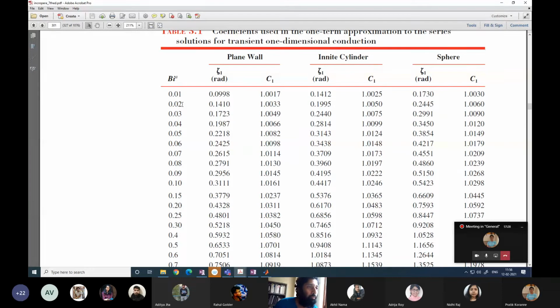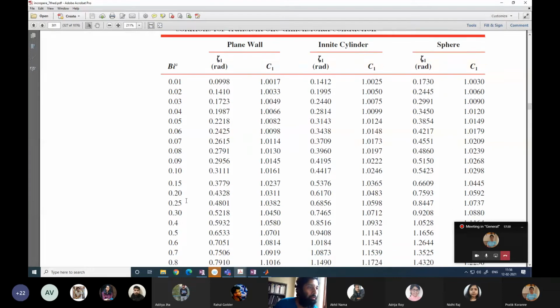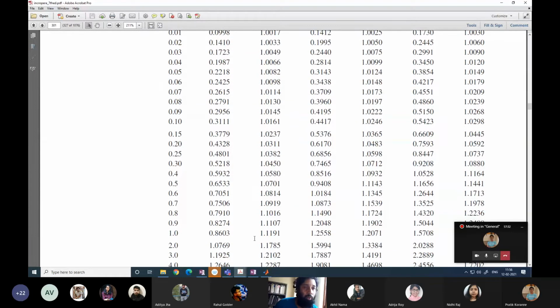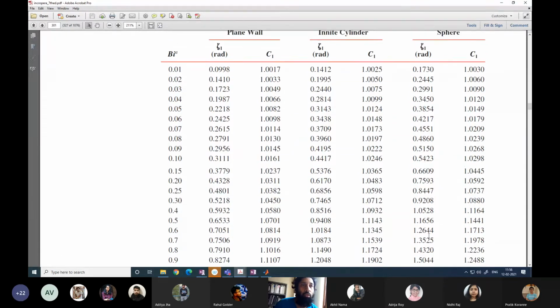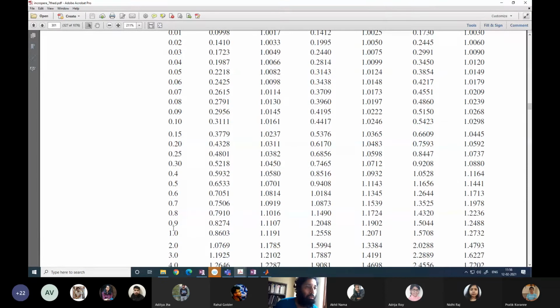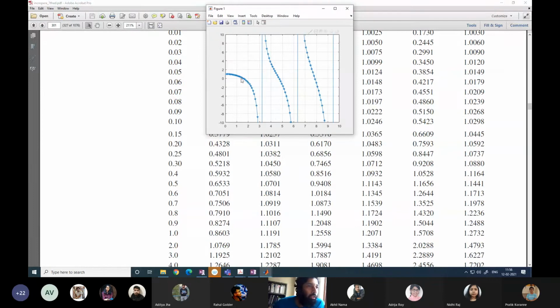Let us see, for Bio number 1 that I have taken, yeah, this is the root, 1.57. And our MATLAB plot is showing 1.61 or something, because it's not accurate.